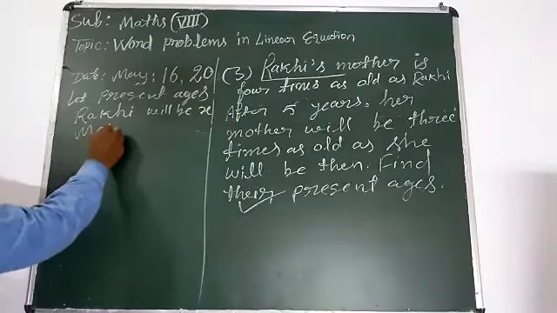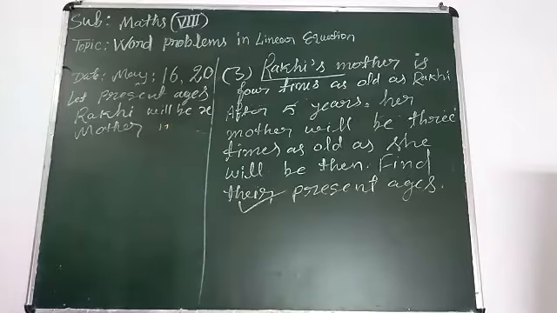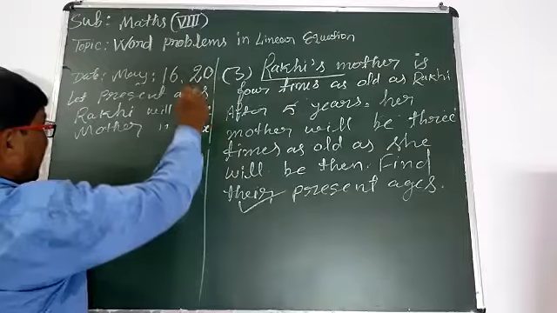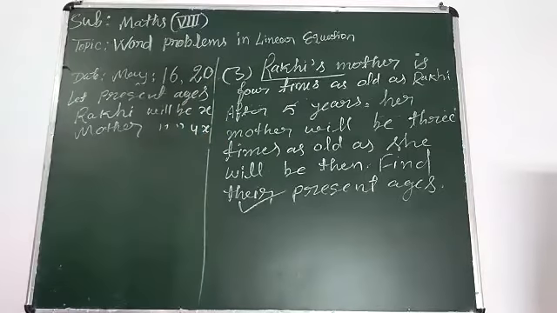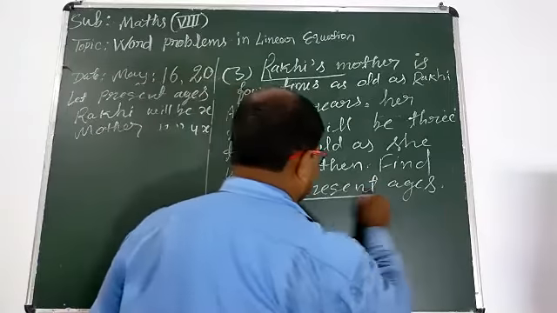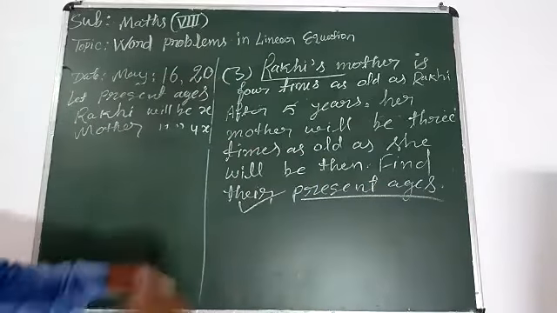Mother will be how many times? 4 times. I mean 4x. Understanding, student? Because the question is asking to find their ages, we should start the sum from the present time.